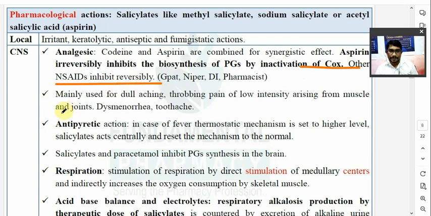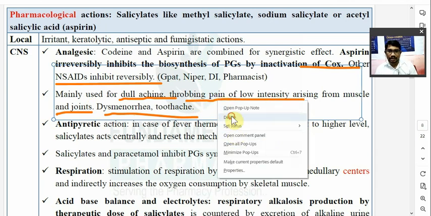So mainly it is used for dull, itching, throbbing, low intensity pain arising from muscle and joint. If the pain is a little less, then it is okay. Dysmenorrhea and toothache. So it can relieve the pain due to toothache. If your tooth hurts, the pain will be removed. If there is a little low intensity pain from the joint, it reduces. If you are getting deep pain or visceral pain, it will not be relieved by aspirin.